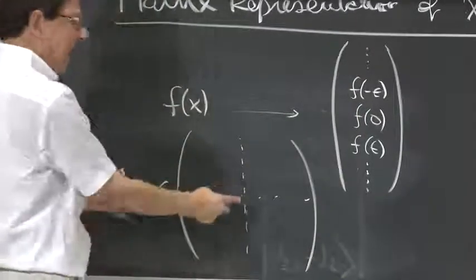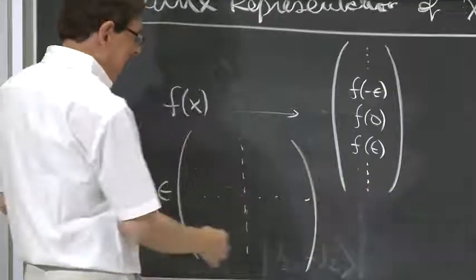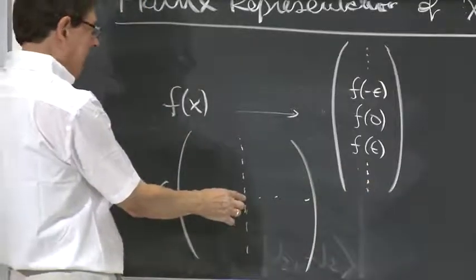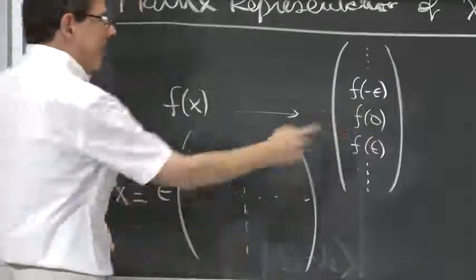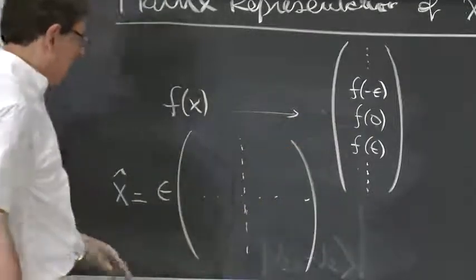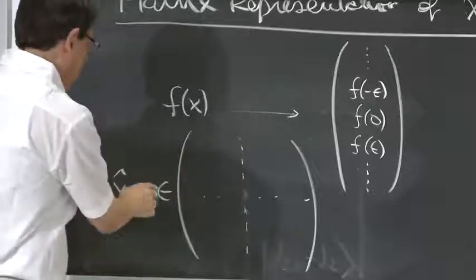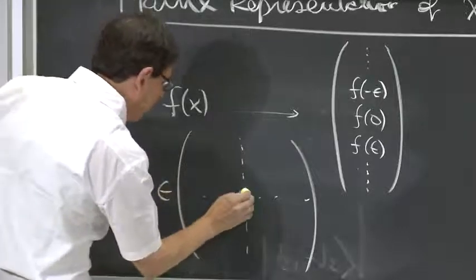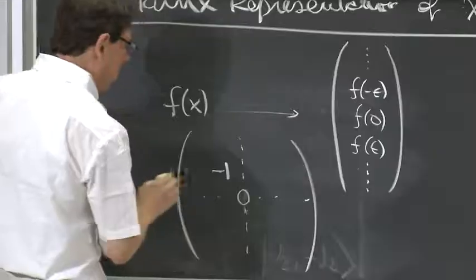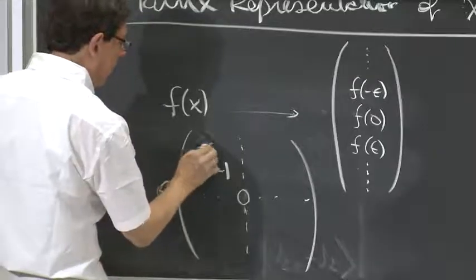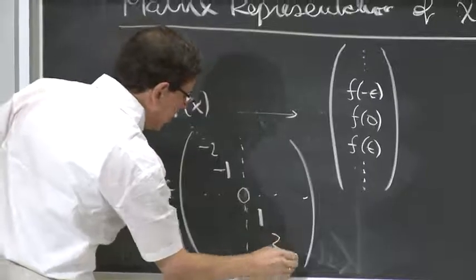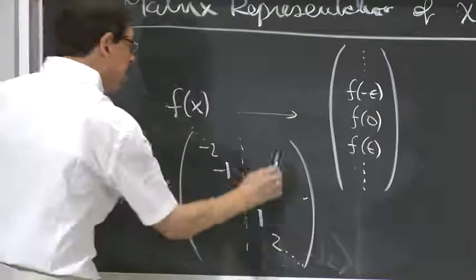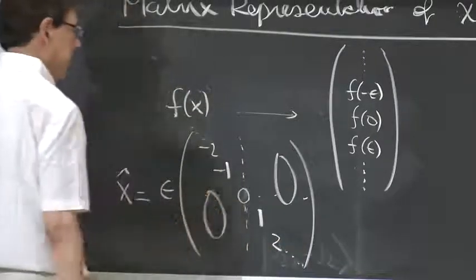So at the center of this infinite matrix lies the matrix element that corresponds to the center of this vector. So I'm going to say here that we have epsilon times 0 here, minus 1, all the way minus 2, all the way down, 1, 2, all the way down here, and big 0, and big 0.